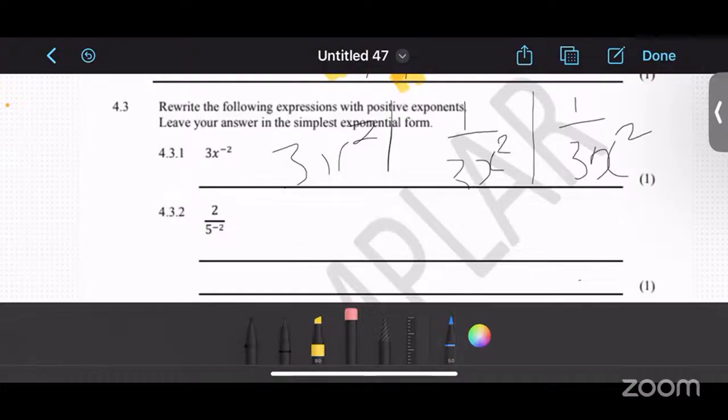Yes, ma'am. Were you the one who was answering? He's saying we're going to work out 5 to the power of negative 2. How are we going to work it out? It equals 1 over 25. 1 over 25. So what do I write?